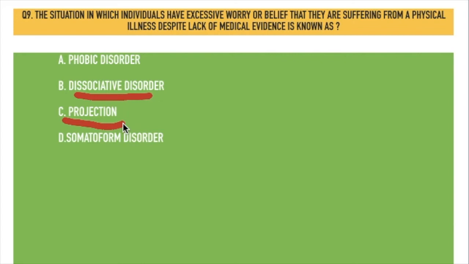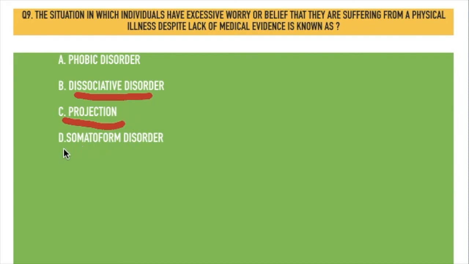If a person cannot perform well in his football team and is not selected to the main team, he says they will not consider me in that group because of my caste, or because I am not rich, like that. That is projection.